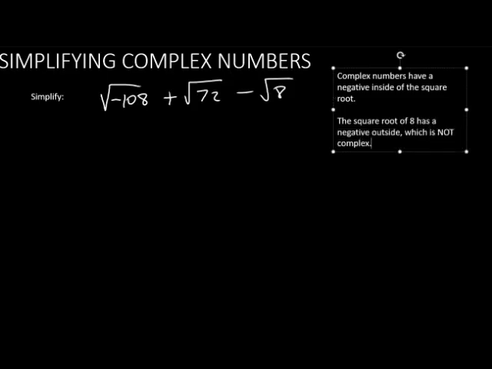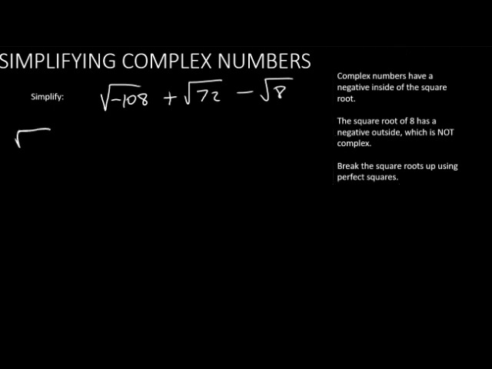In order to simplify complex numbers, we begin by trying to split these square roots into their components. We'll use the rules of perfect squares in order to break these square roots up into something we can simplify. We'll begin with the square root of negative 108.